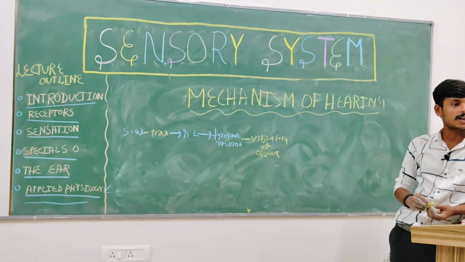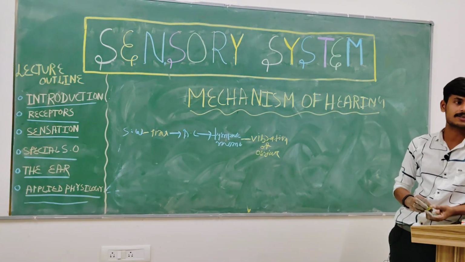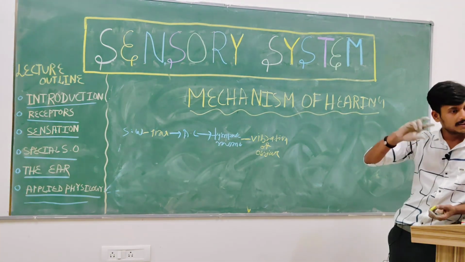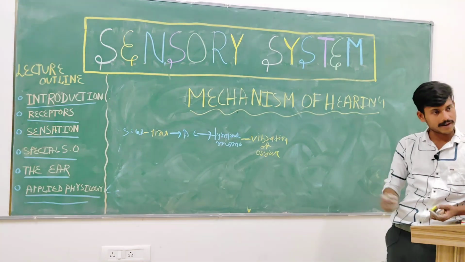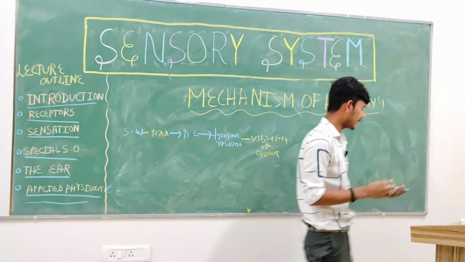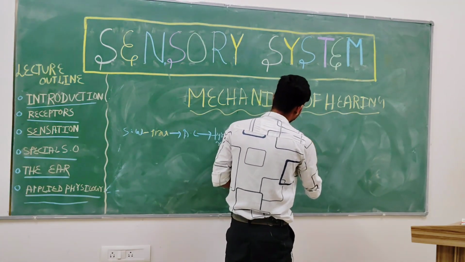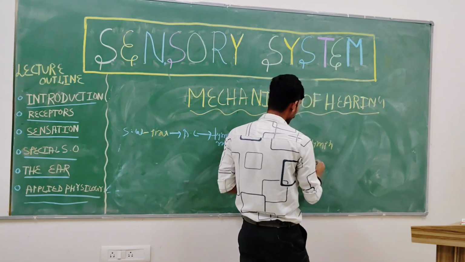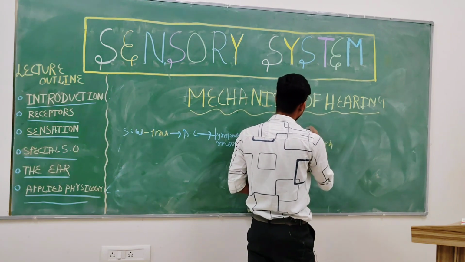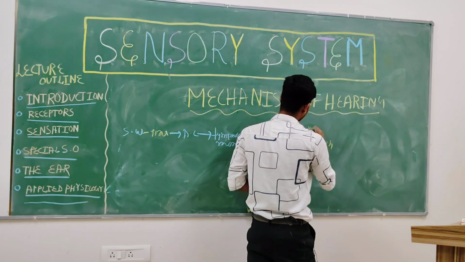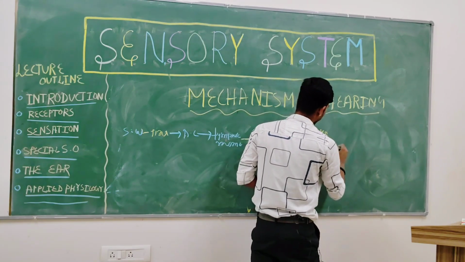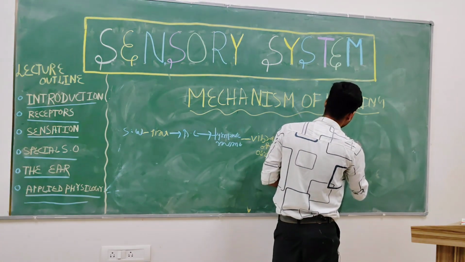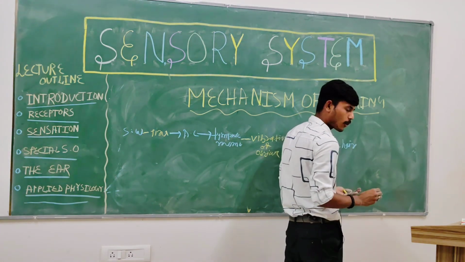Cochlea possesses one kind of fluid called the perilymph. Due to the movement of the perilymph, the hair cell will move and electrical signals will generate. The hair cells are present in the organ of Corti.